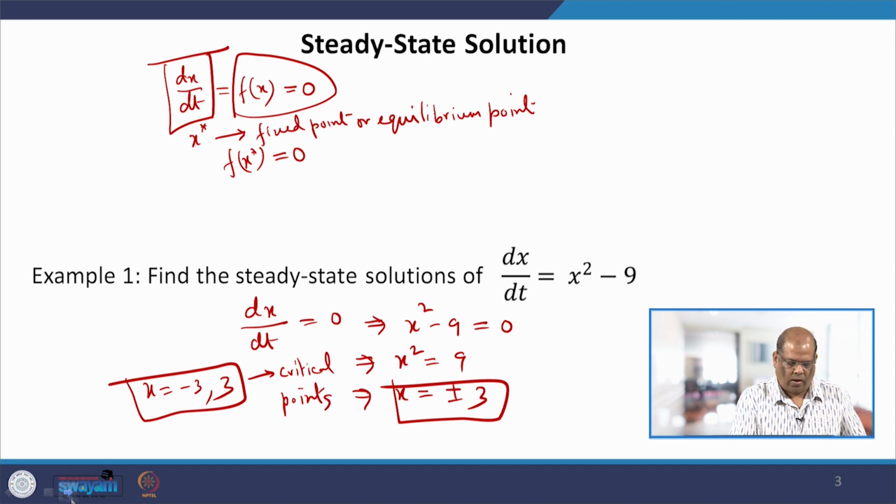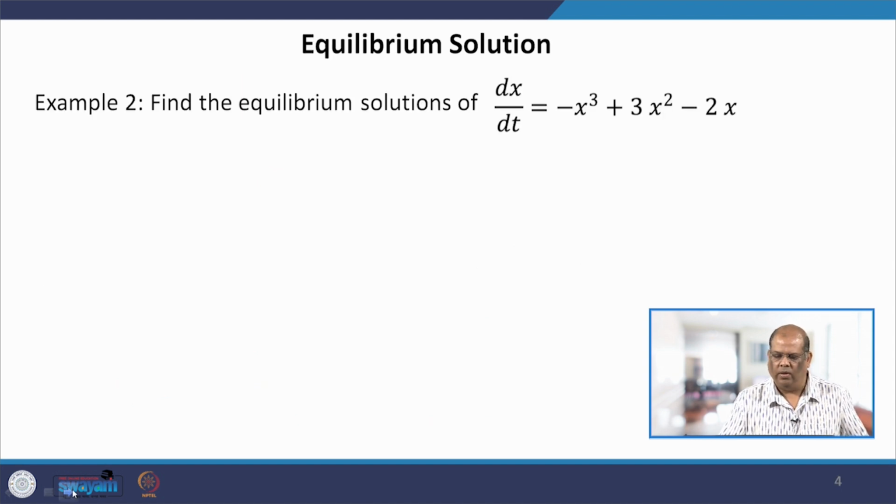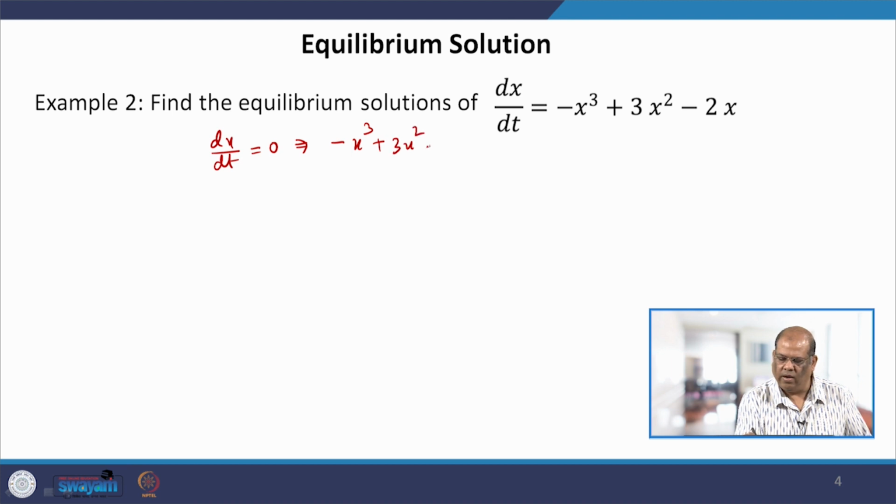We move to our second example. You have to find the equilibrium solution of dx/dt equal to minus x³ plus 3x² minus 2x. As we previously did, we take dx/dt equal to 0, which will imply minus x³ plus 3x² minus 2x equal to 0, which will imply I take x common.